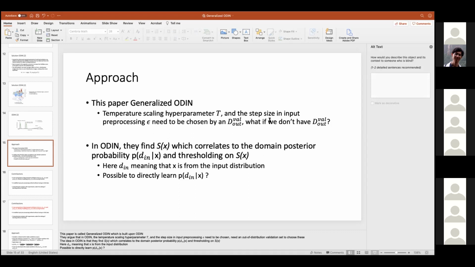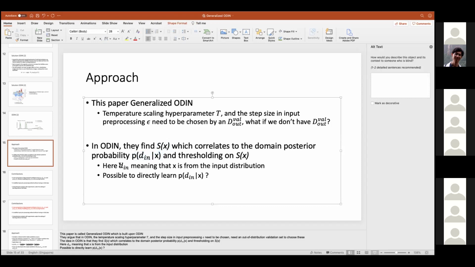We just want to tune based on an in-distribution validation set. Also, the intuition in Odin is that they define Sx, the maximum probability after temperature scaling, as correlated with the domain posterior probability, P(D_in | x).